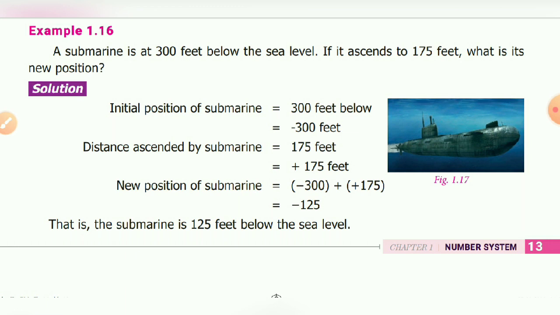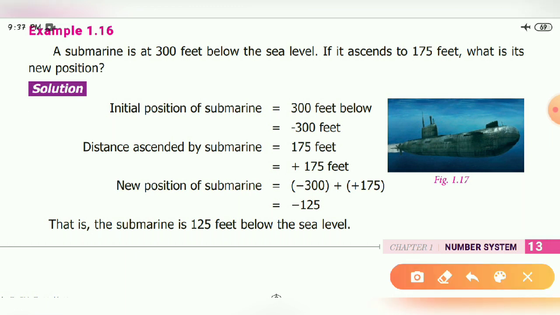Next question. Example 1.16. A submarine is at 300 feet below the sea level. If it ascends 175 feet, what is its new position? Listen, the submarine is at 300 feet below the sea level. Below is represented as minus. Next, if it ascends 175 feet, ascends means climb up. Write the first statement.